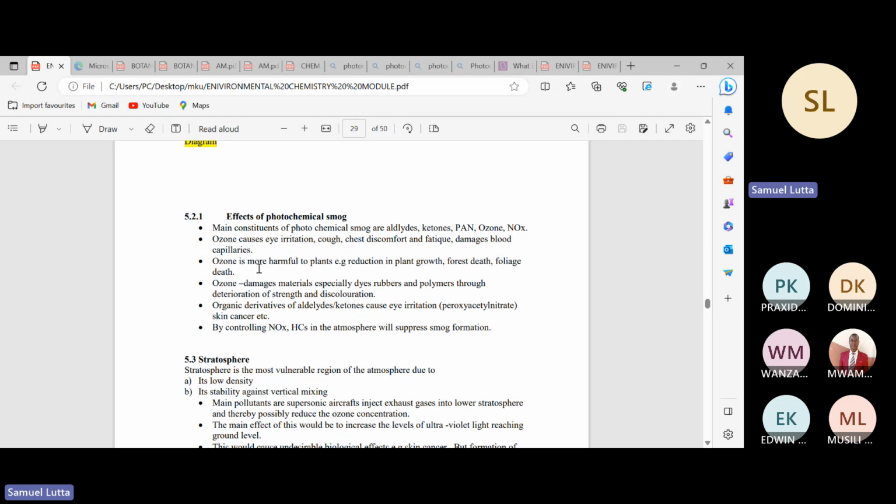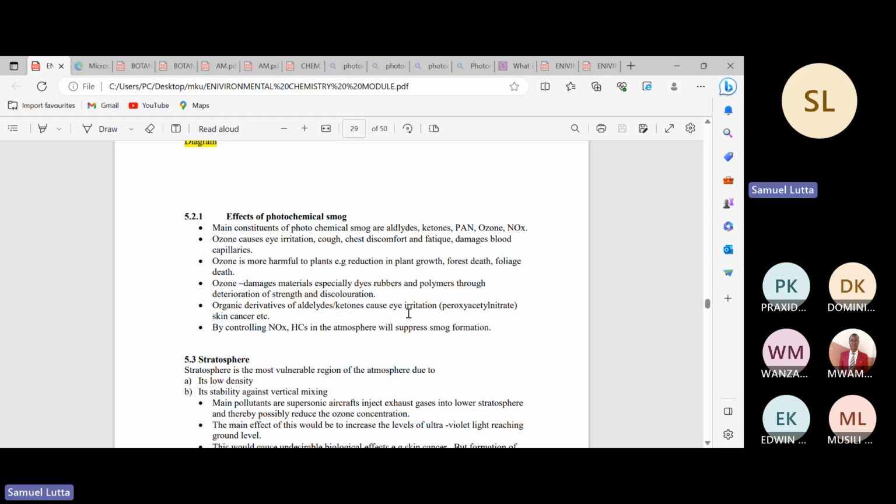So it causes damage by reducing the amount of oxygen produced. Ozone can also damage materials because it easily reacts with the organics. So it can destroy materials, especially the dyes and the polymers, which are organic, through oxidation, which will lead to their decolorization.